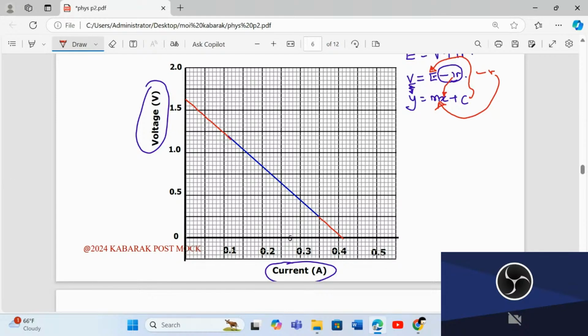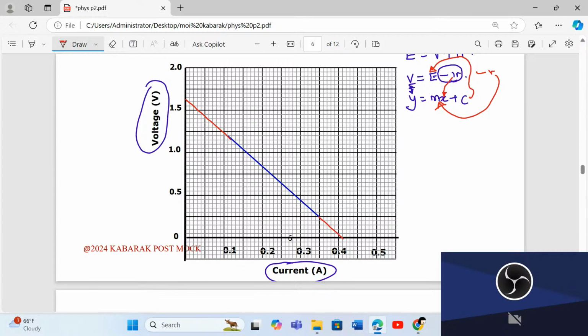Therefore, this is 1 square, 2 squares, and now we can read it as either in between or the next value.